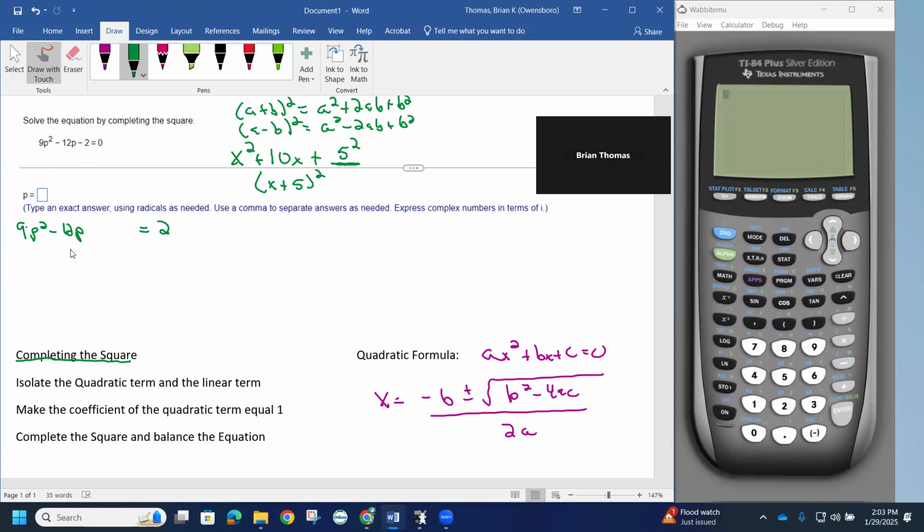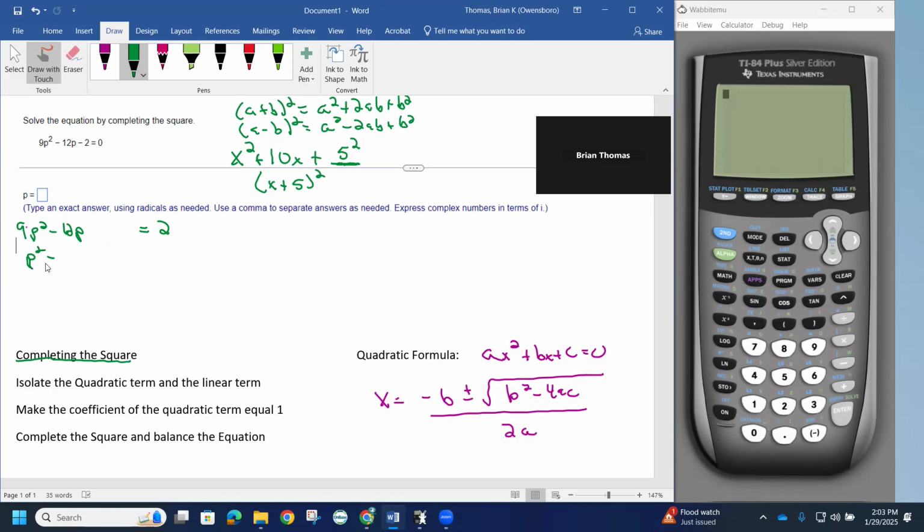The next thing is the coefficient of the p squared has to be a 1. So we can divide everything by 9. If we divide everything by 9, this turns into p squared.